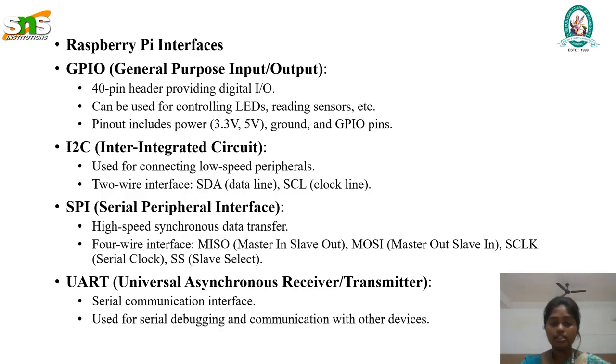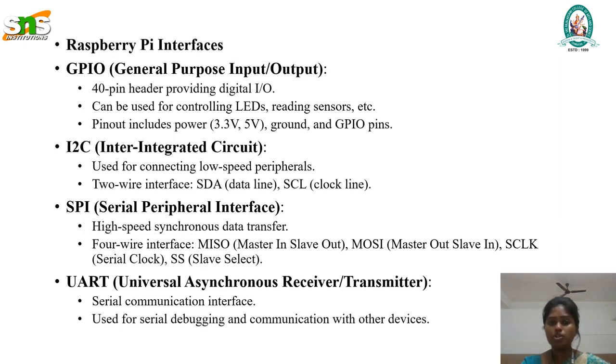I2C is the inter-integrated circuit, used for connecting low-speed peripherals, with a two-wire interface: SDA data line and SCL clock line. SPI, serial peripheral interface, is for high-speed synchronized data transfer, with a four-wire interface: MISO, MOSI, SCLK, and SS.